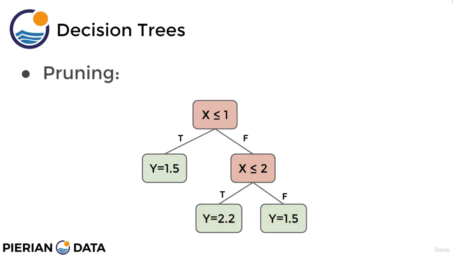Now the last thing I want to mention is pruning. The idea behind pruning is that in theory you could actually make this decision tree shorter. You'll notice that we have a node checking if x is less than or equal to 2, and that leads to two results. If it's true, we output y equals 2.2. If it's false, we output y equals 1.5.